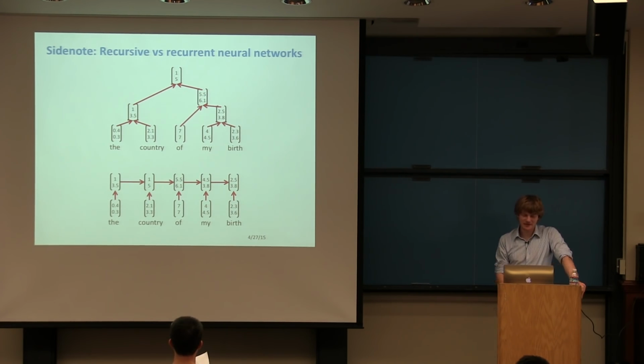But basically, the main difference here is that chains are actually special types of trees, right? They just happen to always branch in one direction. So from general graph theory, chains are just special types of trees. And so in that sense, the recursive ones are just generalizations of recurrent ones. The default could be to say, well, I just take all the words, and instead of looking at their grammar, I just combine them one at a time.